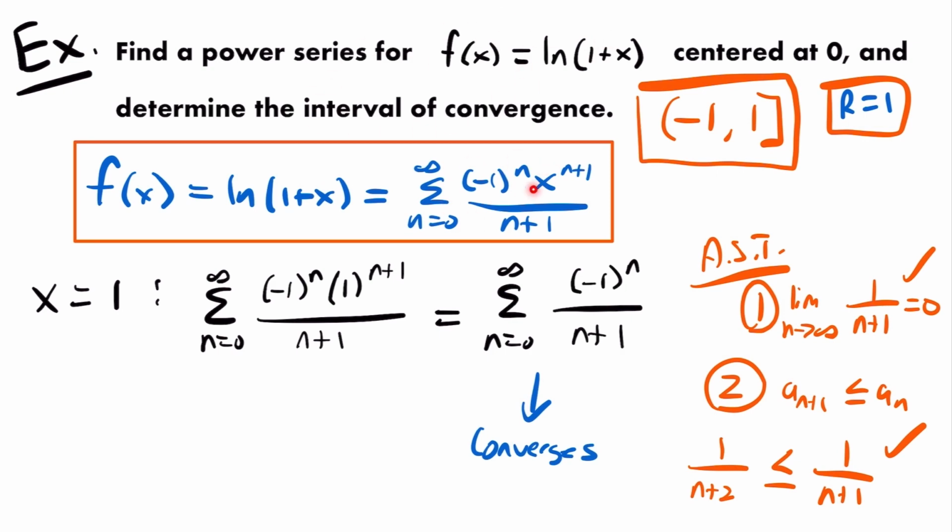We have found a power series to represent our function, whose derivative is similar to the sum of a geometric series, and we found the radius and interval of convergence. Okay, and so now you've seen how to represent a function as a power series by integrating a power series. Now let's look at our other example where we will find a power series for a function by taking the derivative of a power series.